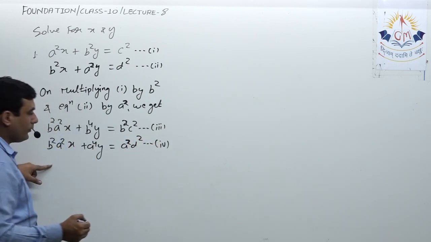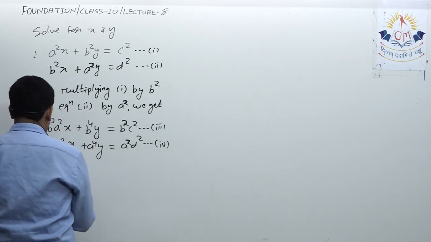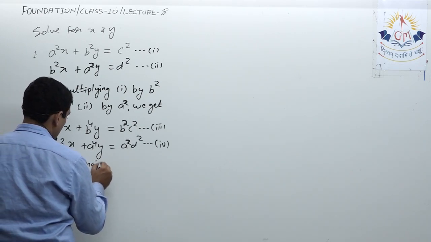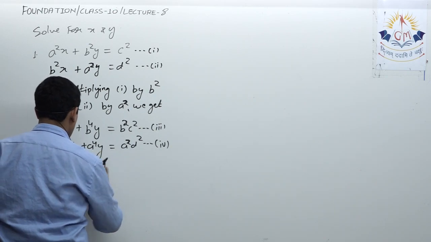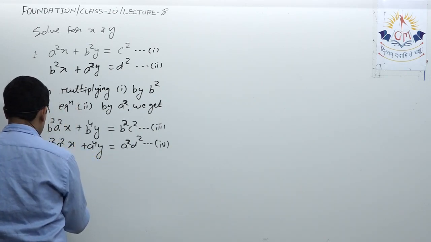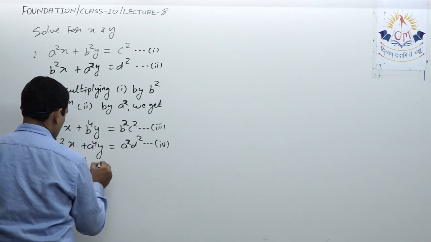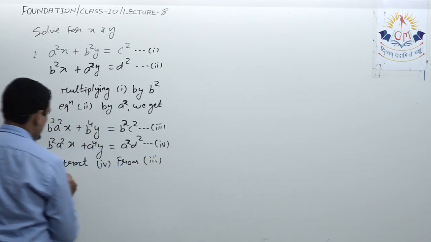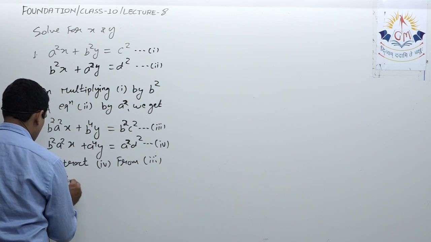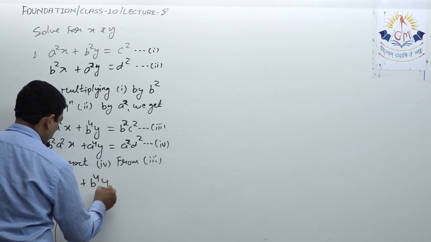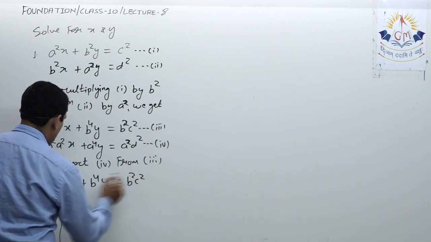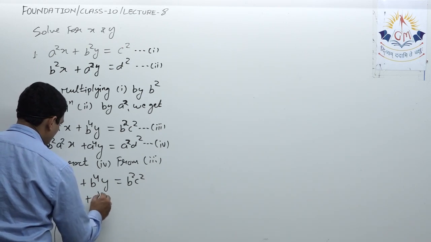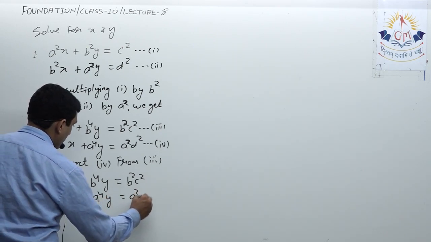Now I will subtract fourth from third. On subtracting fourth from third, here I have b square a square x plus b raised to 4 y is equal to b square c square, and over here b square a square x plus a raised to 4 y is equal to a square d square.